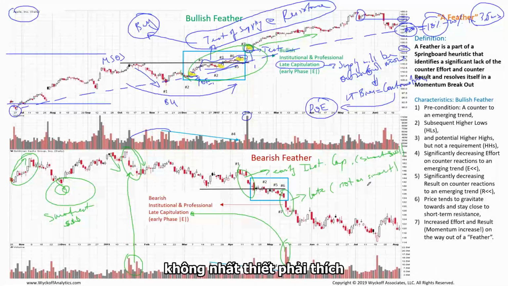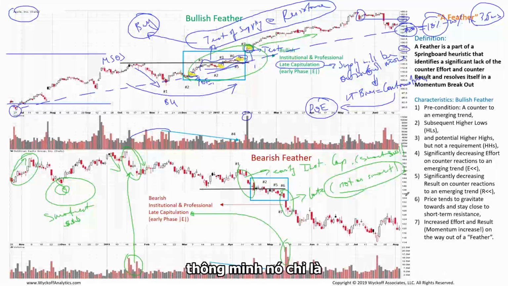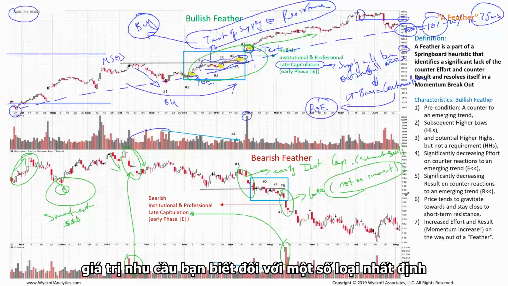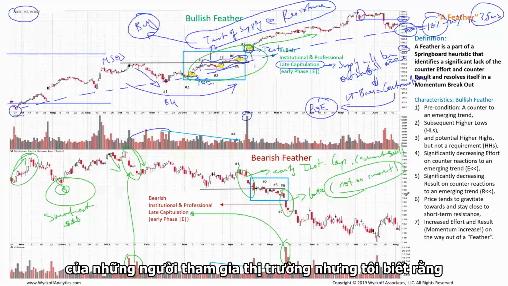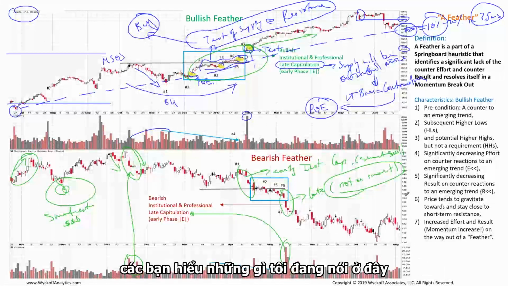And I don't necessarily like these definitions, smart or not smart. I feel like some people could look at this as a little bit dominant value, for certain types of market participants. But I know that you guys understand what I'm saying here.